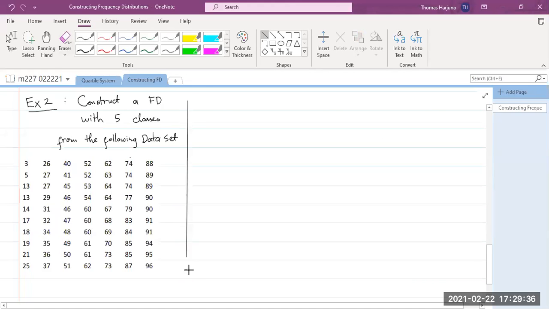I will start working on this. Step 1, the range is from 96 minus 3, that's 93.